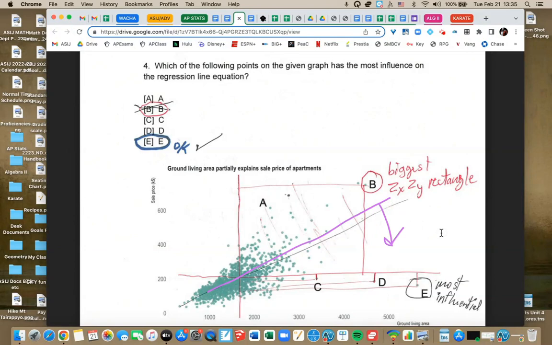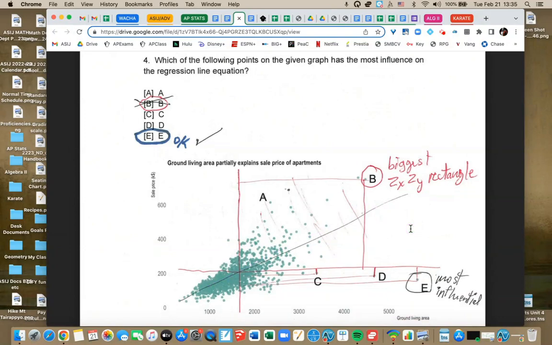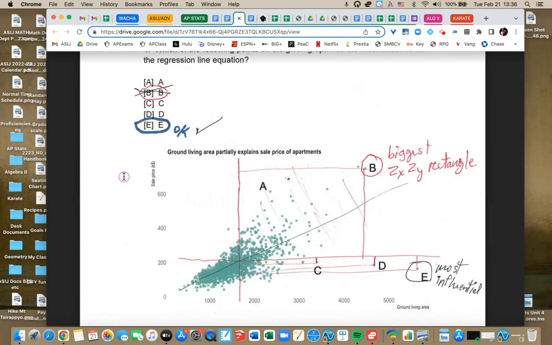So we say that's even more influential than point B would have been. I hope that makes sense, because it's all about how big of a change it's making to your slope. So E really should be the answer on this. Yes, B is influential, but E is even more influential. Okay, that's it.